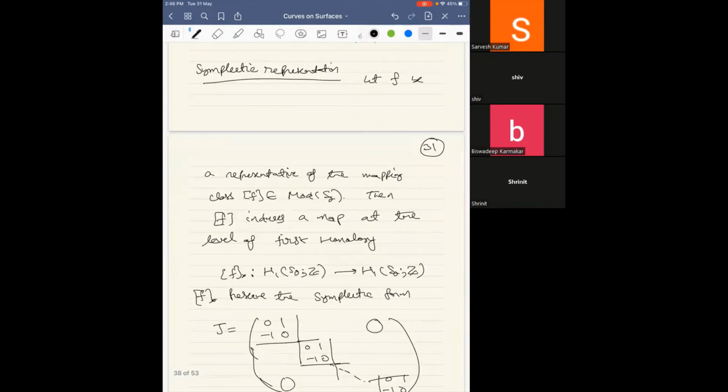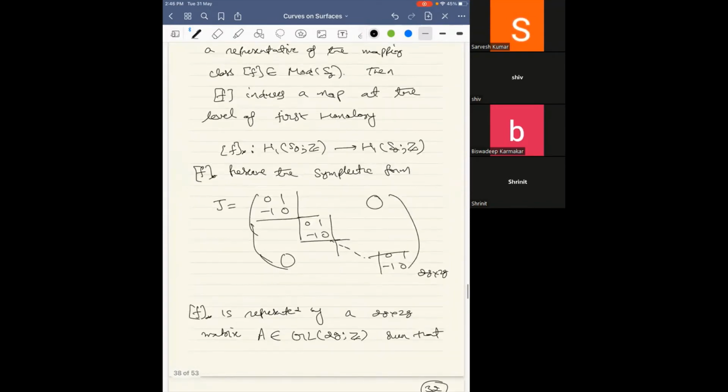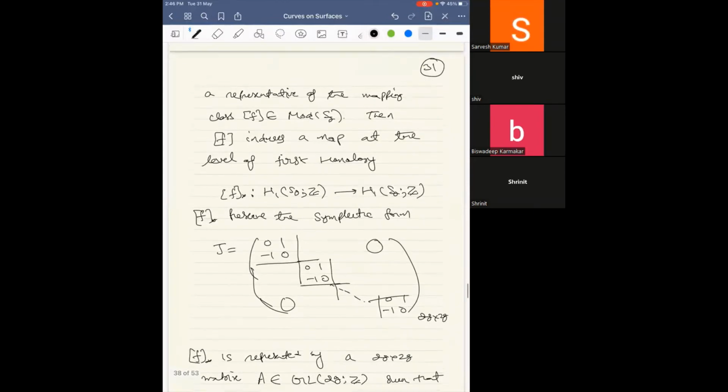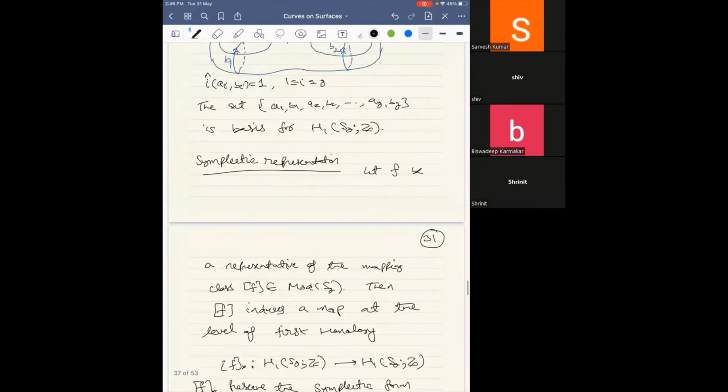And so one can see this map, this action gives you an element, right? So it preserves this form, and let's see where this J comes from. So you have this ordered basis a1, b1, a2, b2, up to ag, bg.